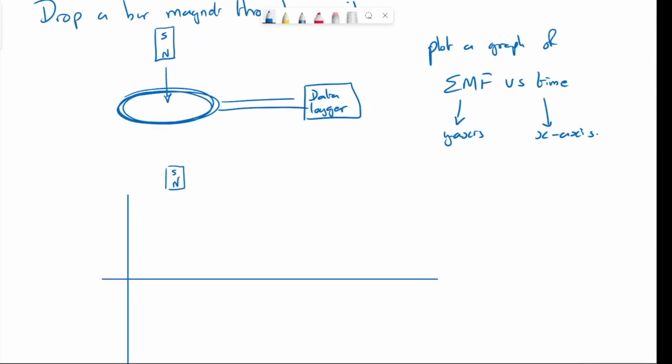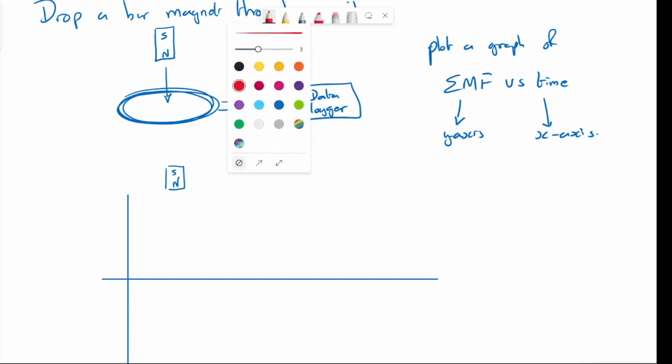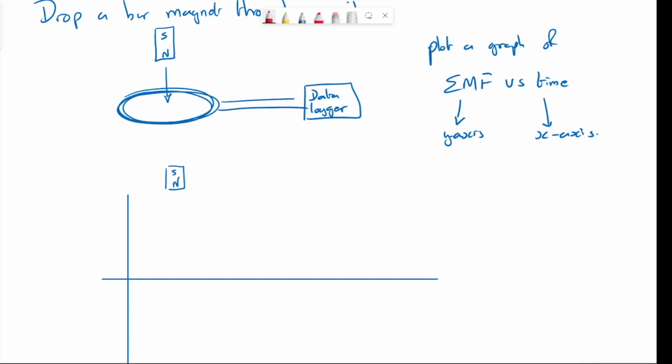So let's have a look at what the graph would look like. We'll have, as I said, EMF on the y-axis and time on the x-axis, and we are going to plot this graph. Now, the graph is going to look a slightly odd shape.